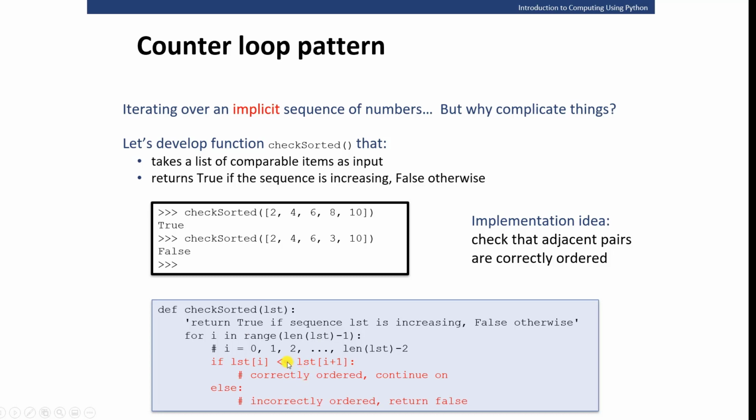After that, what we have to do is compare if the next item is greater than or equal to the current item, so the list is correctly ordered and we should continue. Else it's not correctly ordered and we should return false.